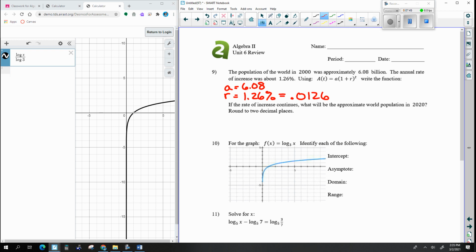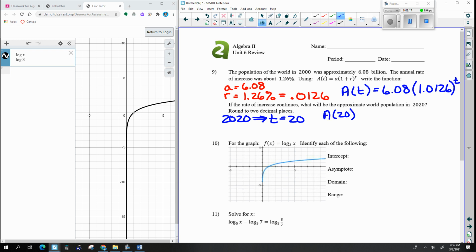So what is the equation? So that means the world population is the initial amount, and then 1 plus that, so that would be 1.0126 to the T. At that rate, what would it be in 2020? So 2020 implies that T is equal to 20.